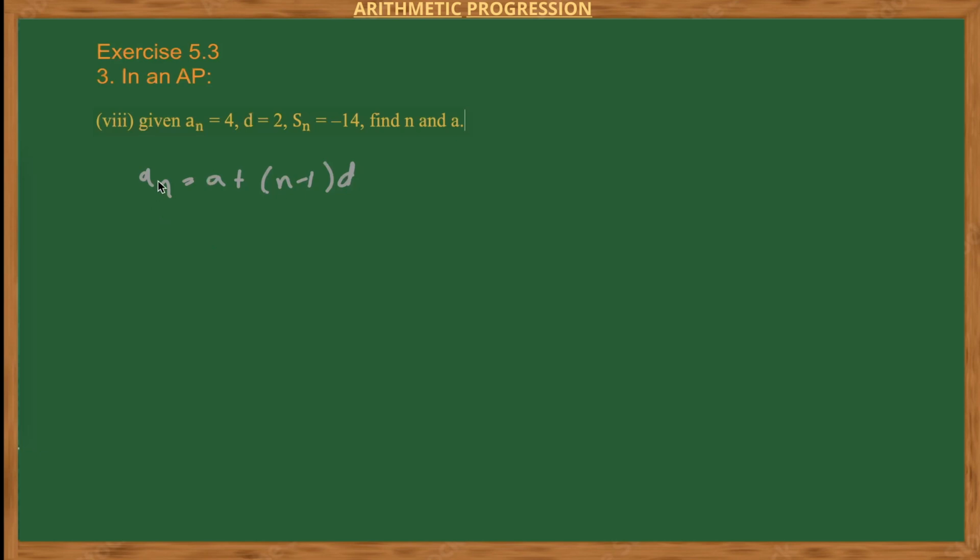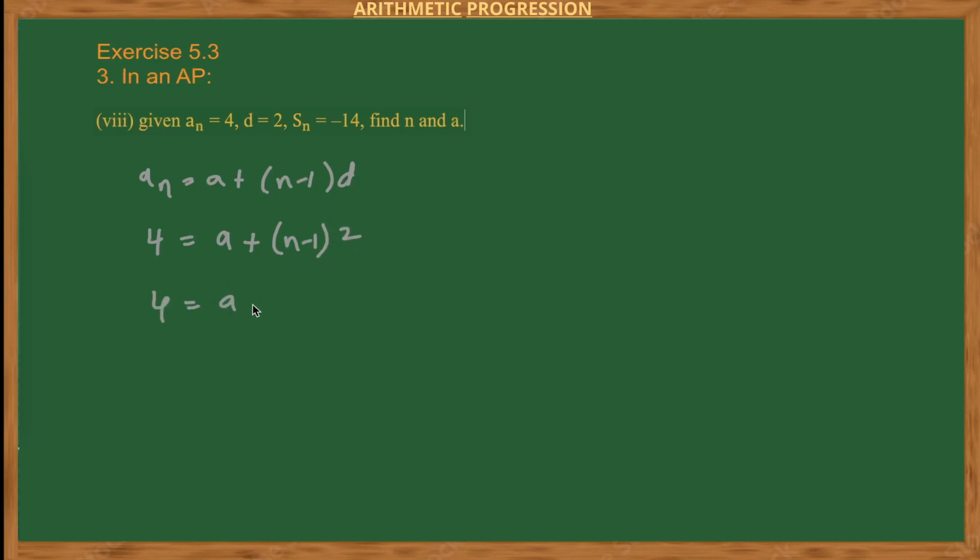The an value is given, we can replace it by 4. A is not given, we need to find it. N is not given here. Is d given? Yes, d is given as 2.